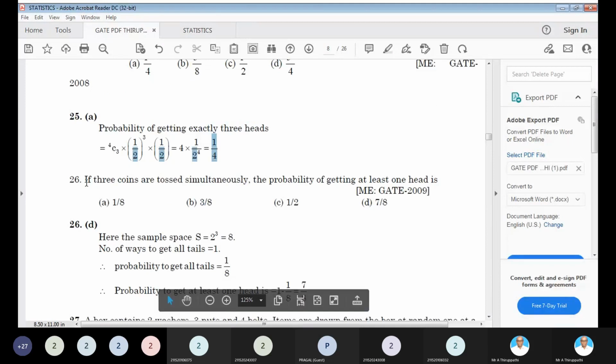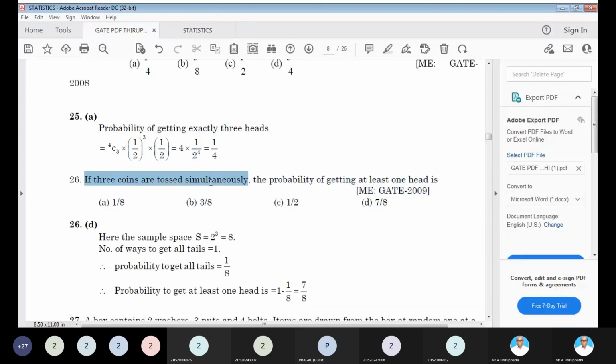Next, 3 coins are tossed simultaneously. The probability of getting at least one head. Now here, what does at least one head mean? The minimum is one head, so it is either 1 minus P of x equal to 0.